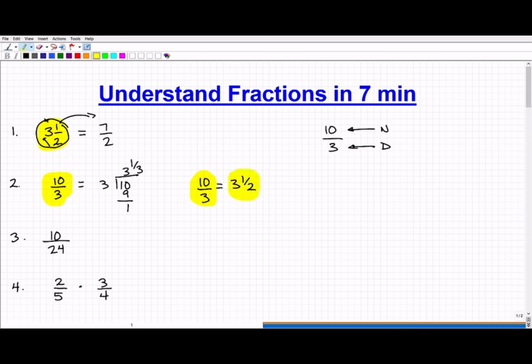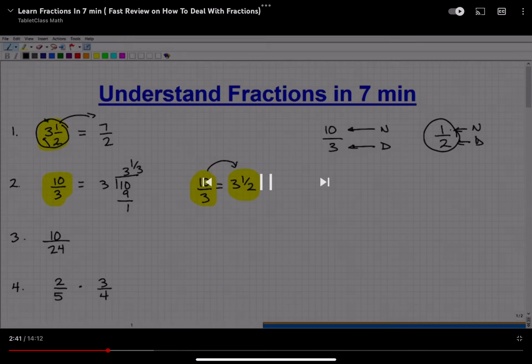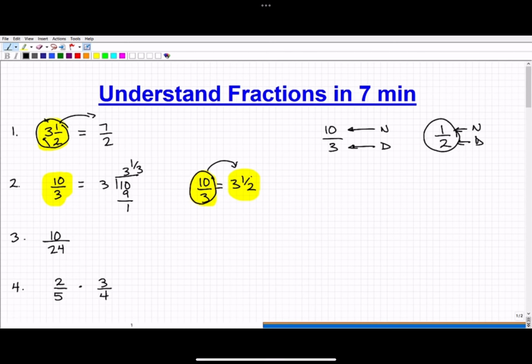Now, I talked about mixed numbers, so I can write this as 3 1/3. This is a mixed number, this is an improper fraction. And a proper fraction is where the numerator is less than the denominator, something like 1/2. The denominator down here is bigger than the numerator. So this is a proper fraction, improper fraction, and mixed numbers. You need to be able to go back and forth between them.